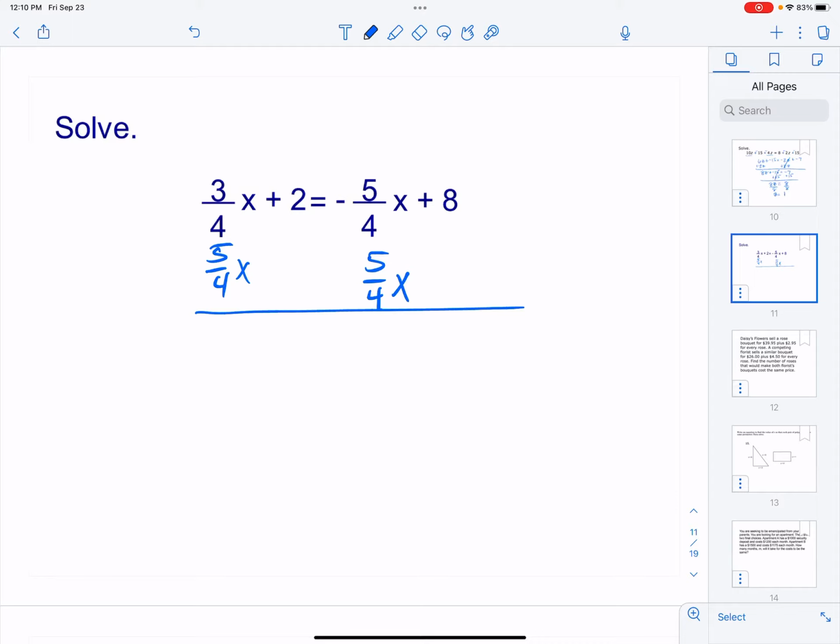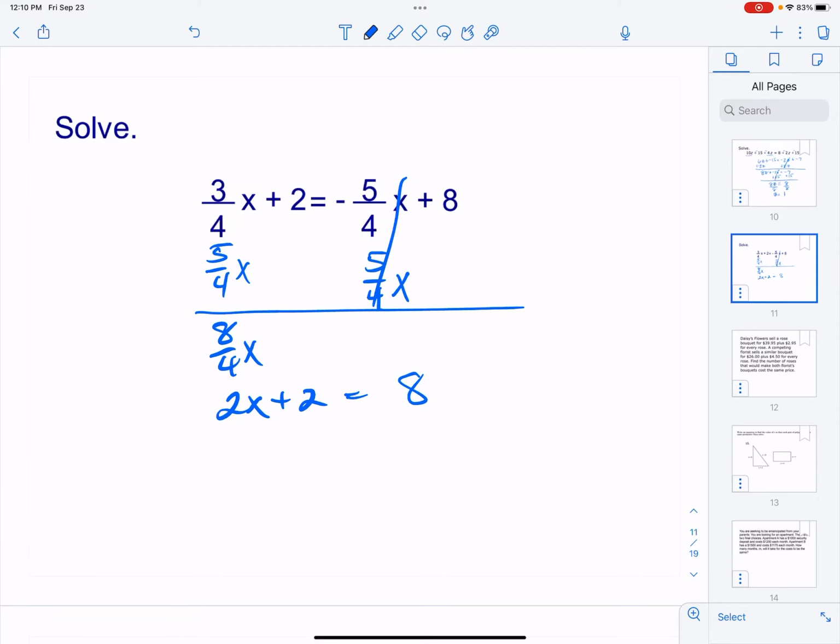So we've got 3/4 x plus 5/4 x. Since we have a common denominator, I just have to add my numerators. I end up with 8/4 x, which is really, when you simplify it down, just 2x. And then I bring the 2 down. My 5/4 x cross out, and I'm left with 8 on the right-hand side.